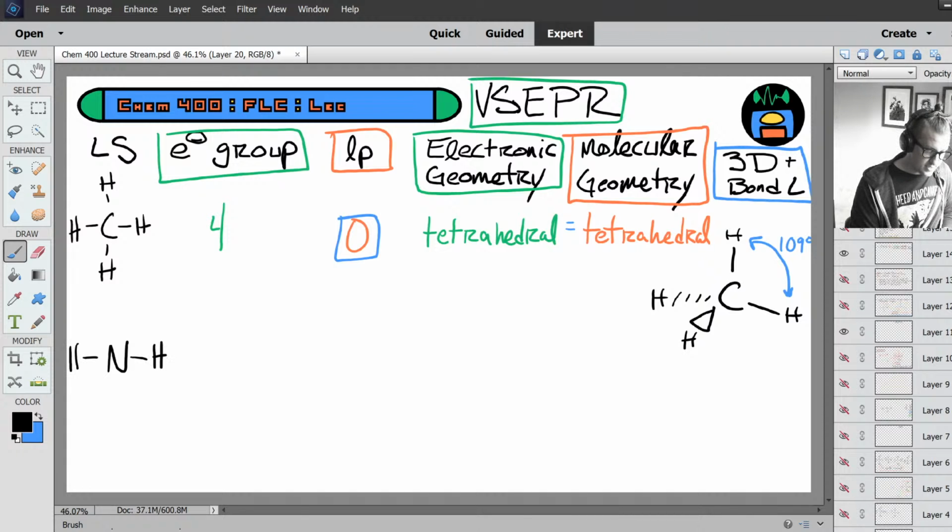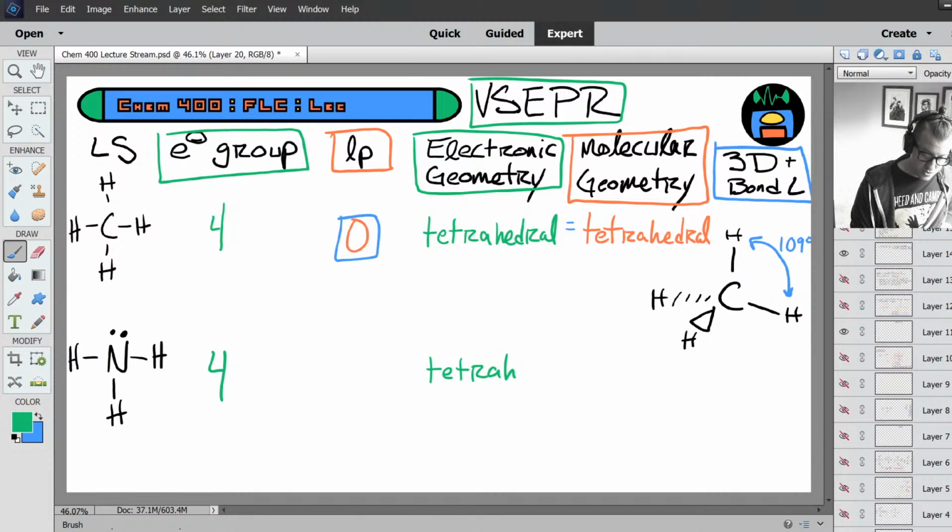Let's look at the molecular geometry for NH3. Now, our number of electron groups, we have 3 atoms on our central atom plus the 1 lone pair, so that's 4. That's 4 electron groups. When you know your number of electron groups, you instantly know your electronic geometry.